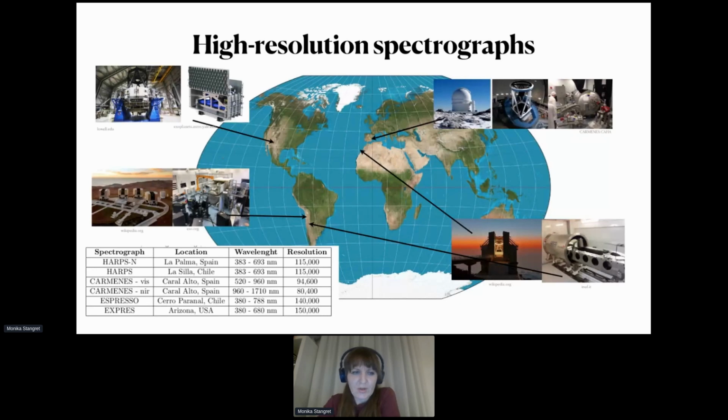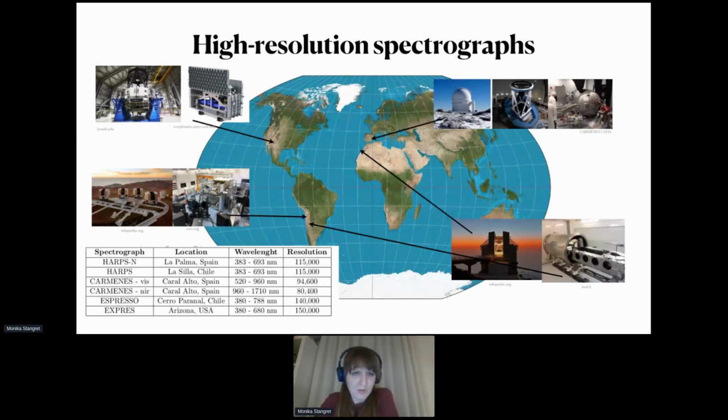And also, sometimes I use CARMENES in Calar Alto and ESPRESSO in Arizona. There are also many spectrographs in the near infrared, but usually we have much more problems in this wavelength. So I just started my work with the visible part.